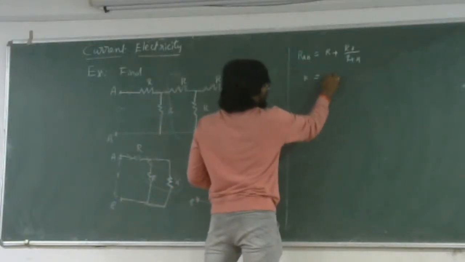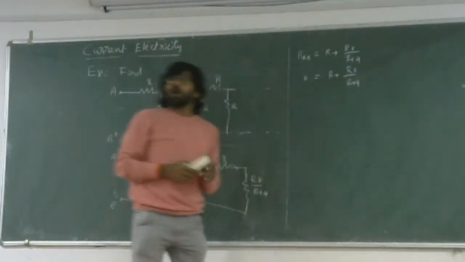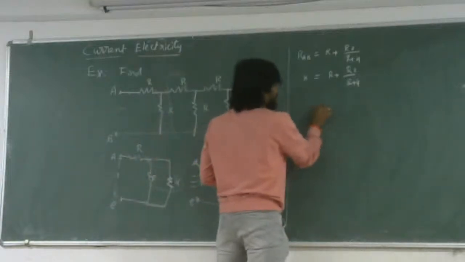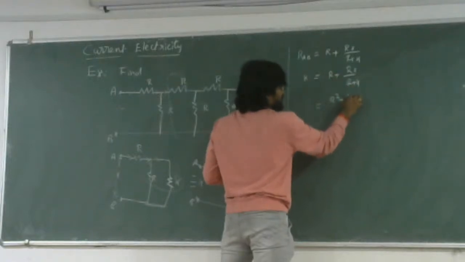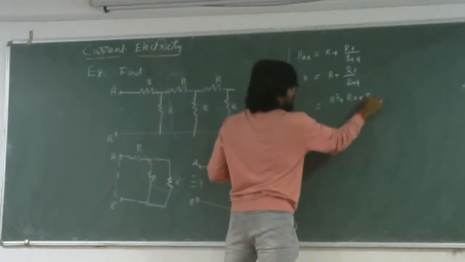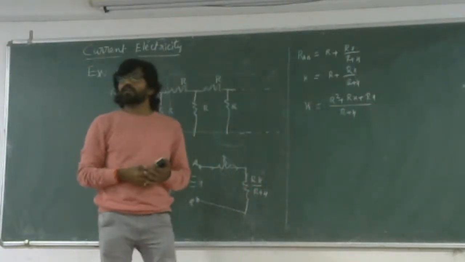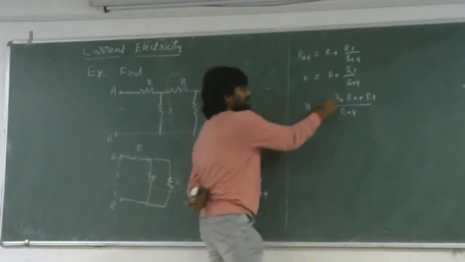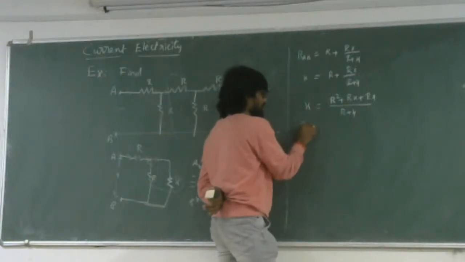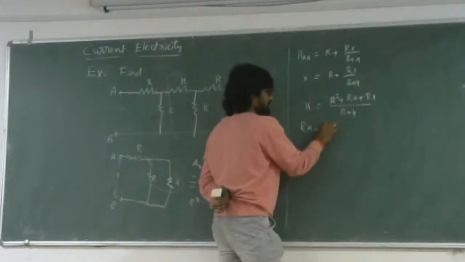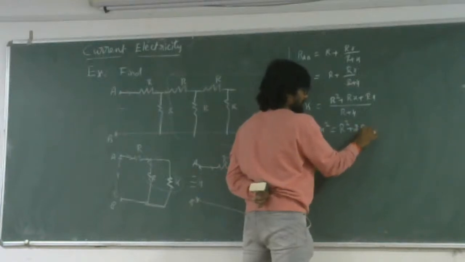X is equal to R plus Rx by R plus X. Now on simplifying this further, if you cross multiply, you get R square plus Rx plus Rx by R plus X is equal to X. So again, if you cross multiply, X into R plus X becomes Rx plus X square, which is equal to R square plus 2Rx.